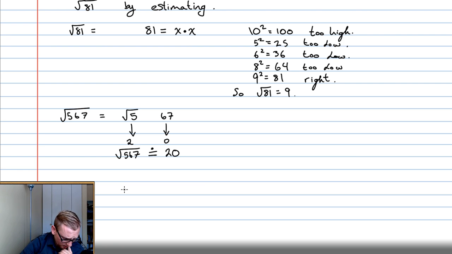Which is odd, because I don't think it's approximately 20 at all. Groups of 2 digits starting at the decimal point. Then for numbers greater than 1, estimate the square root of the group furthest from the decimal point and add 1 0 for each other group.